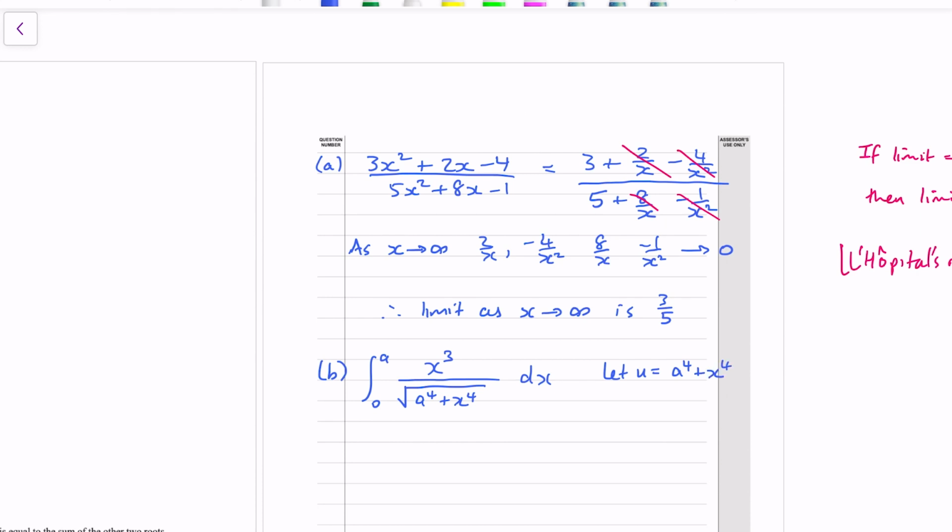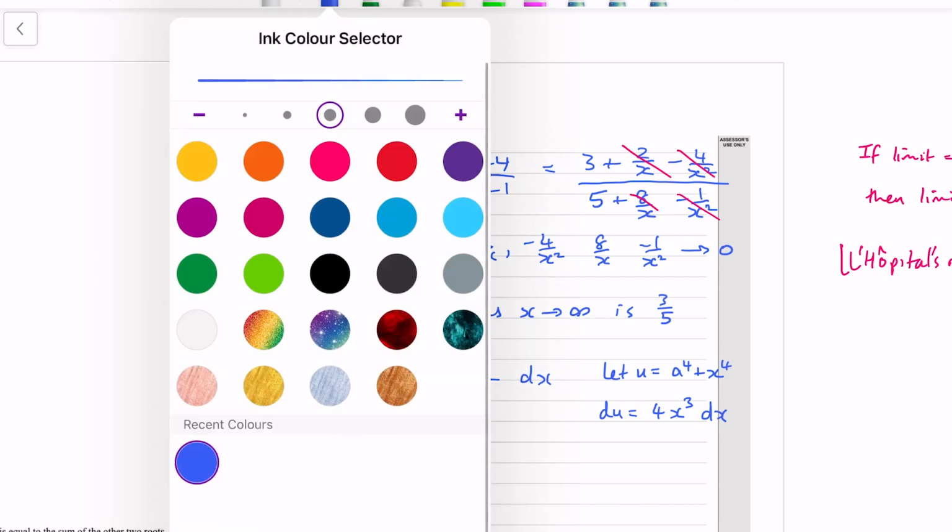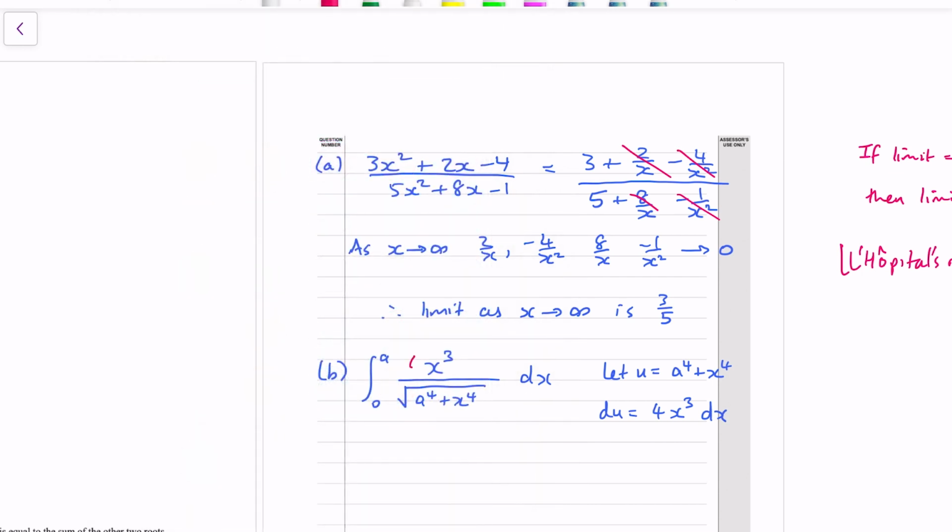When we make a substitution, we always differentiate it. Be careful, we're differentiating with respect to x, so we have 4x cubed, and I'm going to be sneaky here. I'm going to chuck a 4 in there and pull it out again as a quarter. That enables me to replace the 4x cubed dx straight away with du.